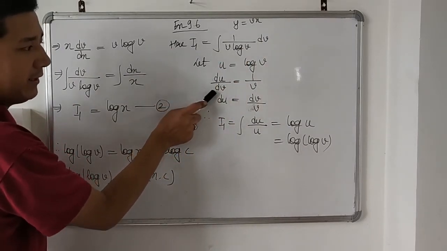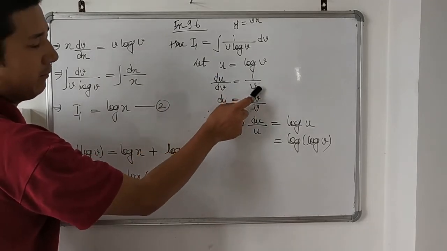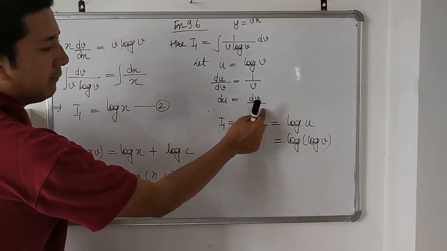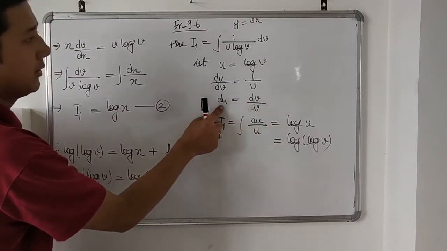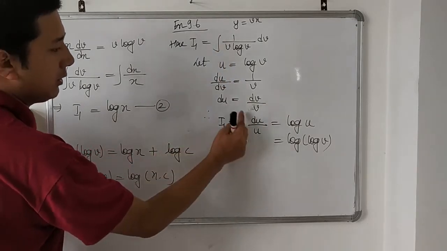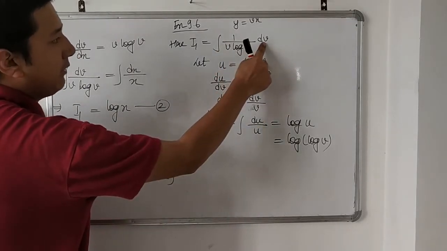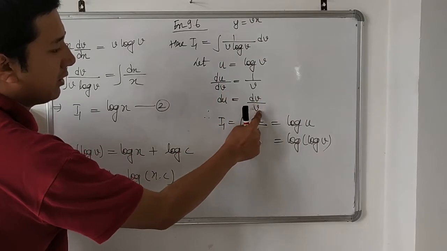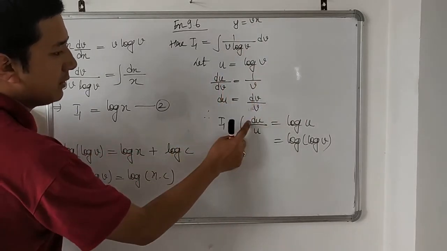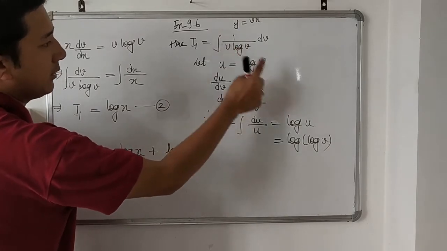So du by dv equals 1 by v, because differentiation of log v is 1 by v. Cross multiply, so dv by v is du. So therefore in I1, dv by v means du, and log v is u.